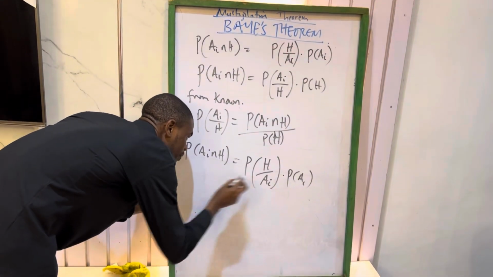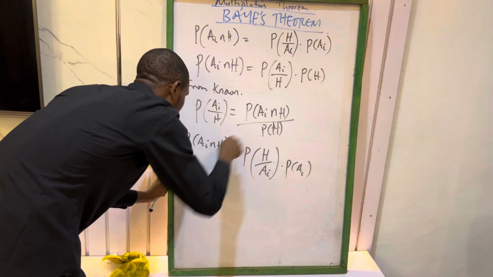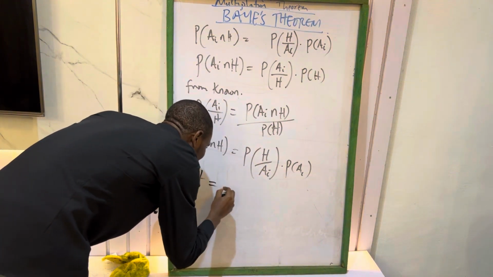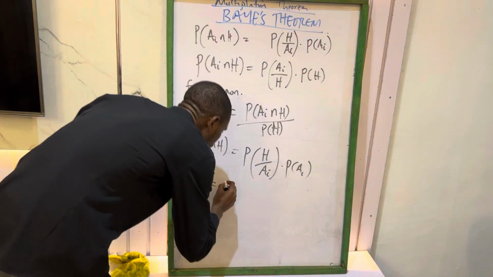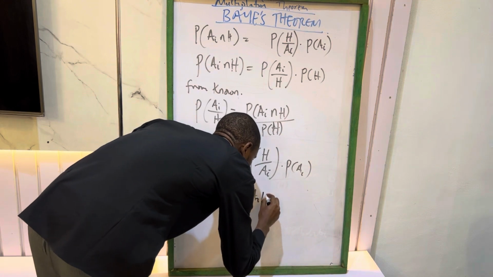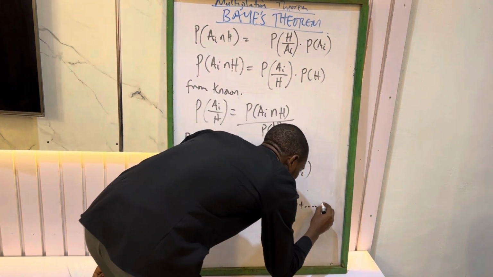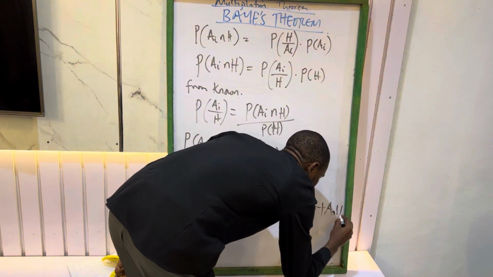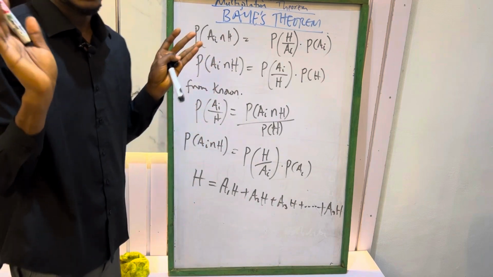So for P(H) at the bottom, I told you H is the sum of exclusive events. H simply takes this shape: A1H plus A2H plus A3H plus ... plus AnH. That's what H means. H is the sum of exclusive events.